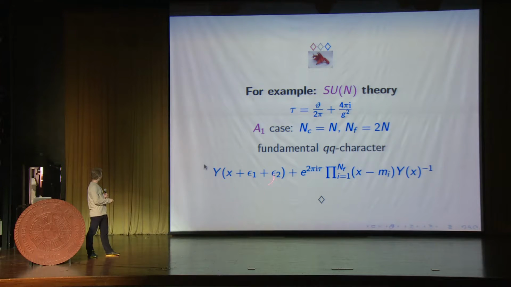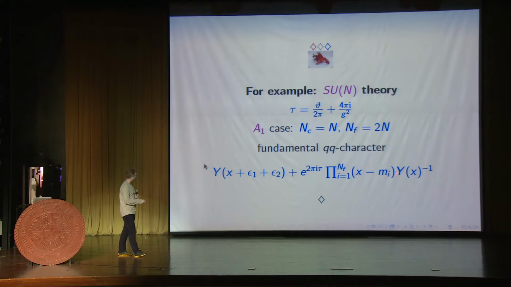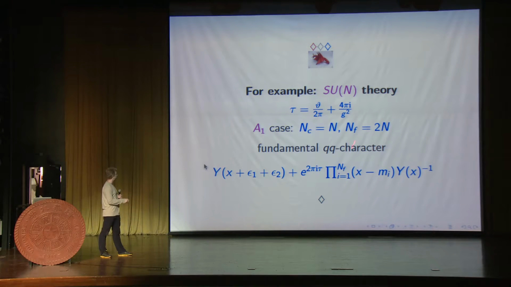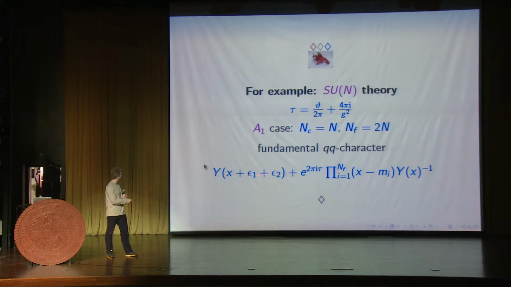That will have poles in each instanton sector. And then there is a term which carries exactly one unit of instanton amplitude and the product of all fundamental masses. So you have 2n such terms. And then 1 over y. This expression will have zeros in the instanton sectors with one lower instanton charge, and they will cancel these poles.